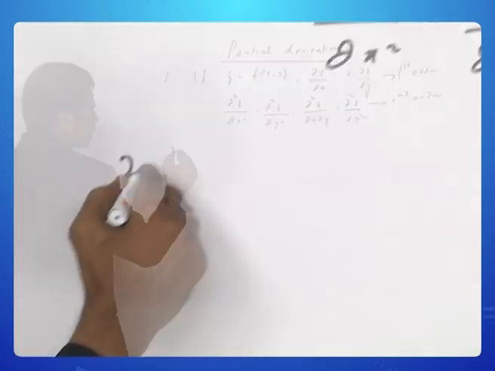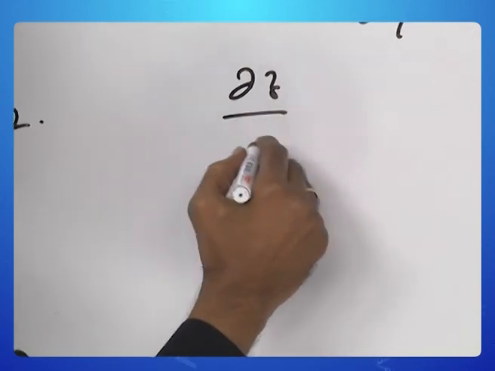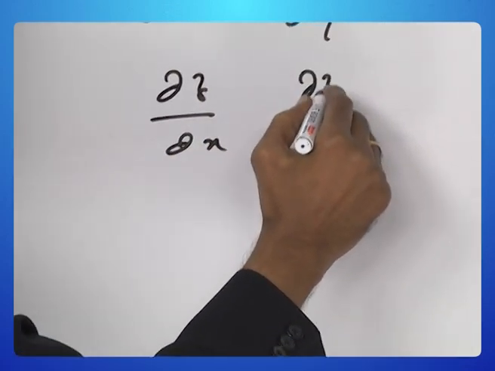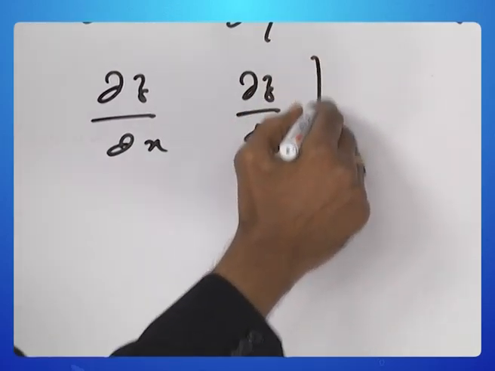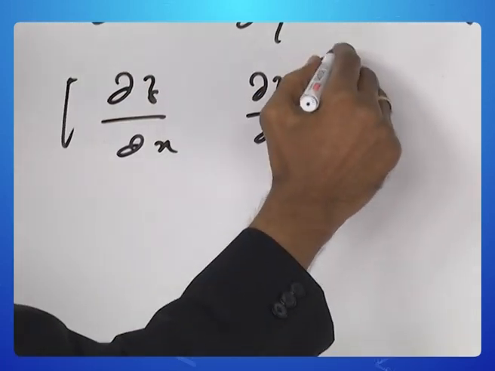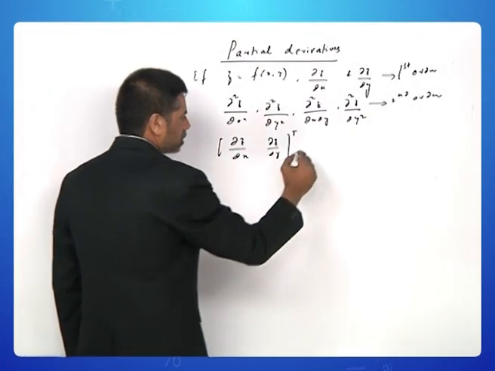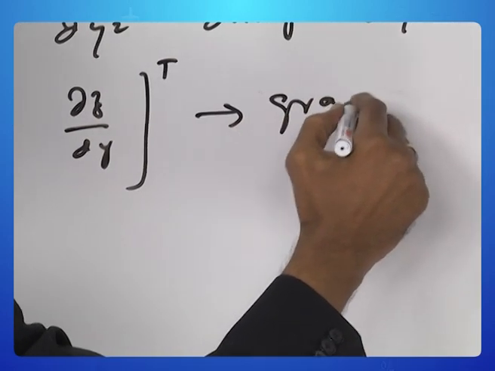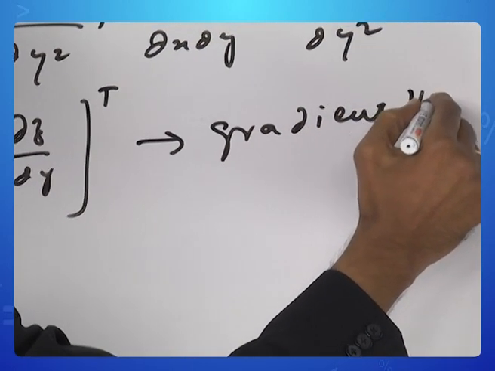The next point is ∂z/∂x, ∂z/∂y. If you make a vector out of this, the vector is known as the gradient vector.